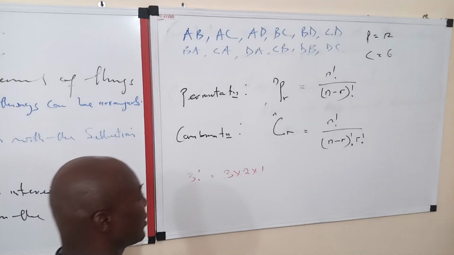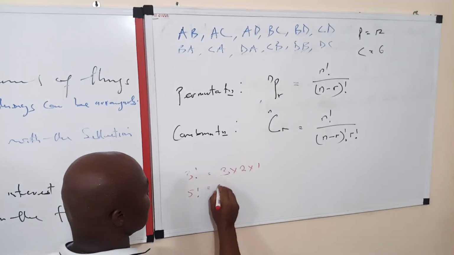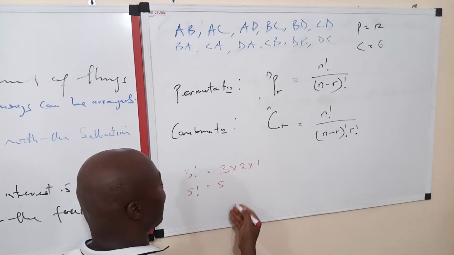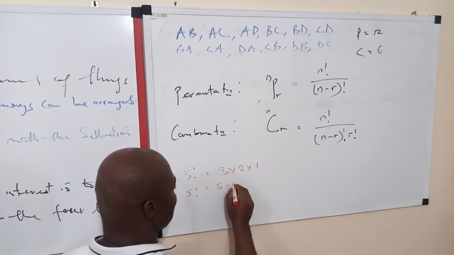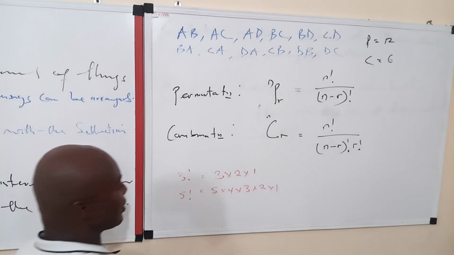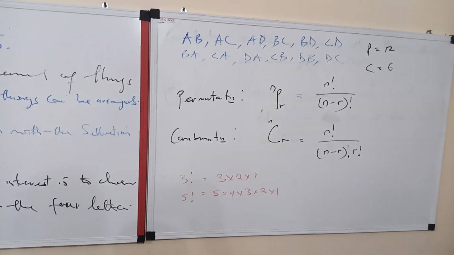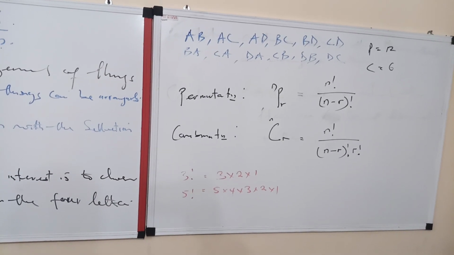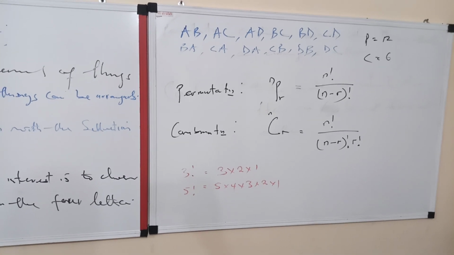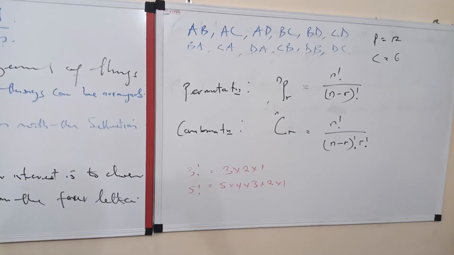So if we have, say, 5 factorial, it simply means the multiplication of the natural numbers in descending order: 5 times 4 times 3 times 2 times 1. That is it. So that is the meaning of factorial. The multiplication of a particular natural number in descending order. So this is all about factorial.